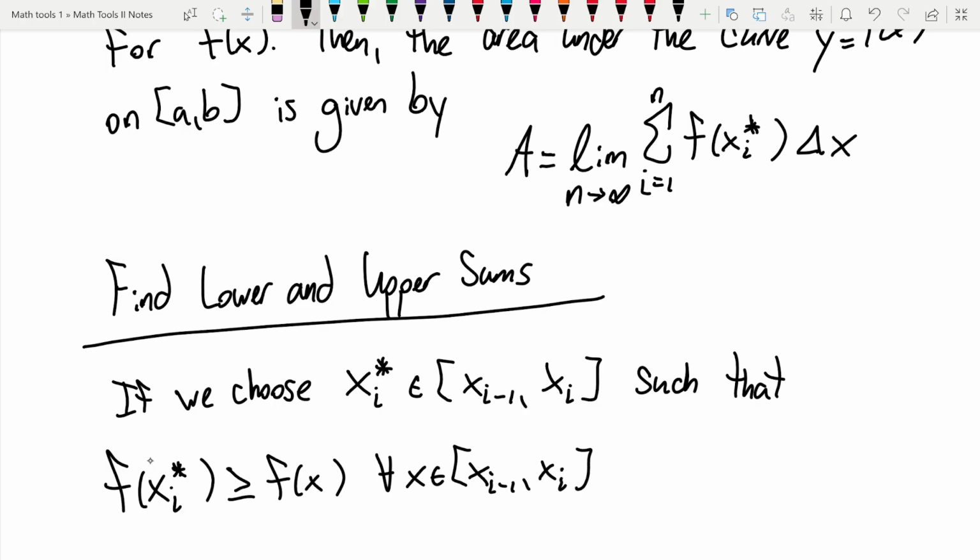So in other words, f of x_i star is the largest point, it's the maximum. Right, so let me just write here that this is the maximum.